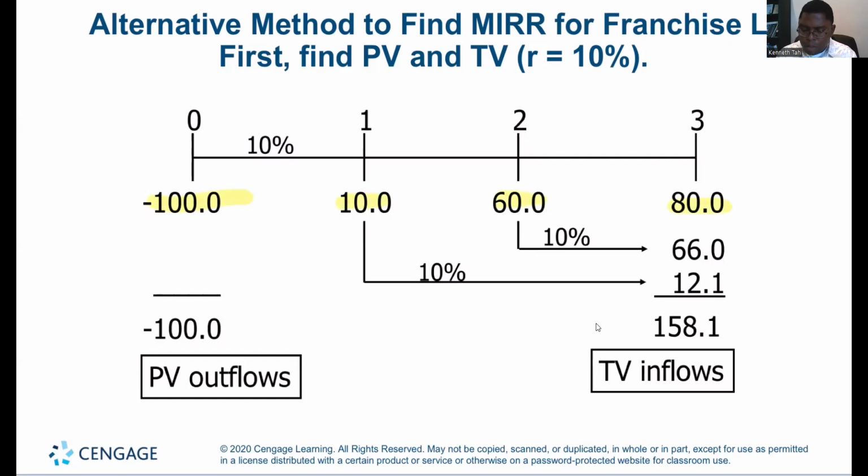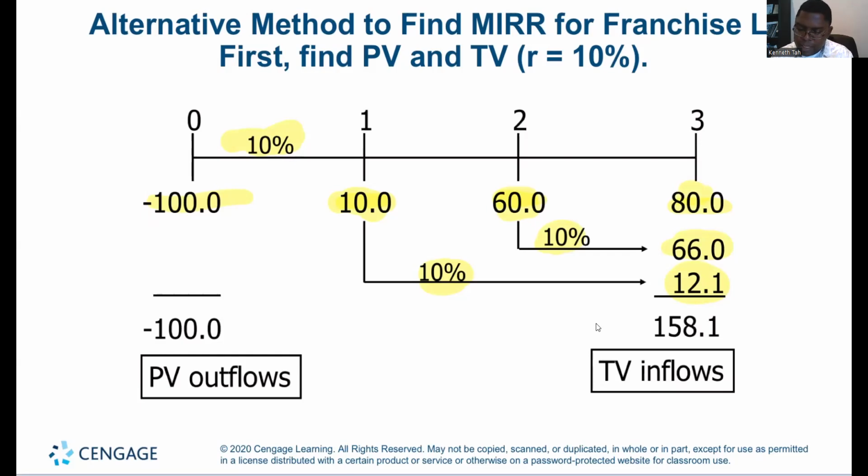This is the interest rate. We take this 10, once it comes, and we reinvest it at the 10% rate, so it is going to give us 12.1 at the end of year 3. Then we invest this 60,000 that comes in year 2 at this rate, and it is going to give us 66,000 at the end of year 3.